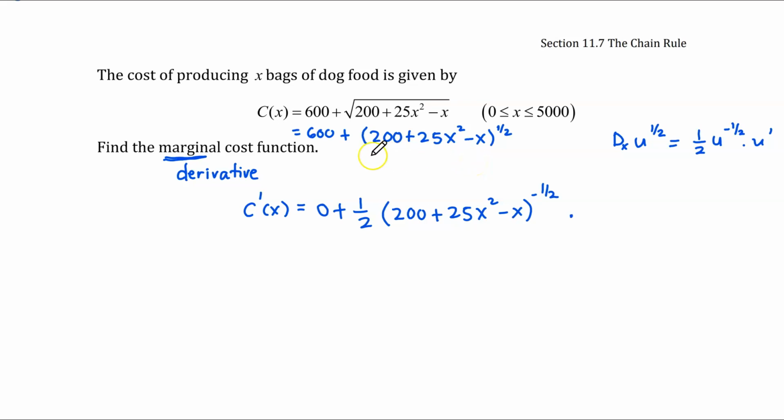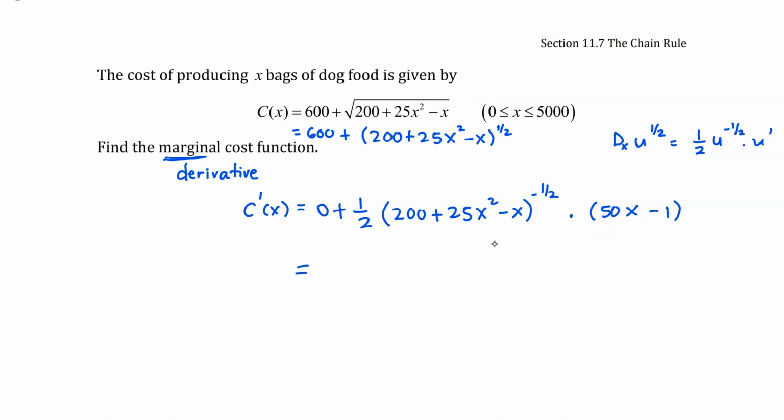times the derivative of u, so the derivative of the expression here, which is the derivative of 200 is 0, and the derivative of 25x squared is 50x. So it's 2 times 25, that's 50, 50x minus the derivative of x, which is 1, so minus 1. And the expression here is the marginal cost function.